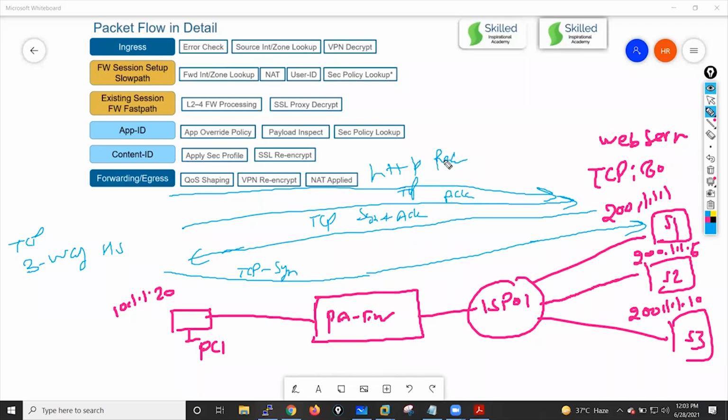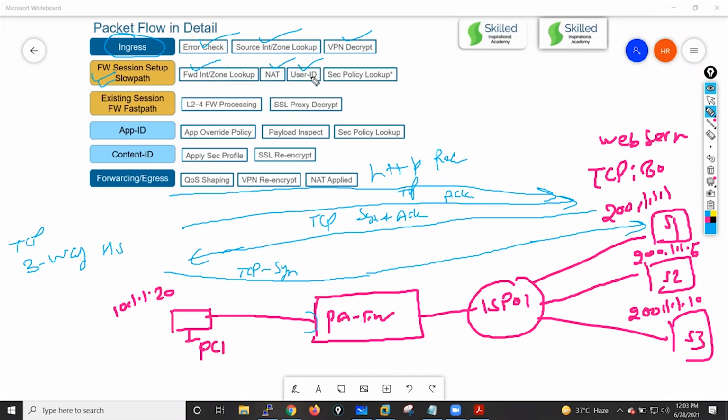Now what happens, guys, sometimes when this packet goes into your firewall, right? First your firewall processes this packet at the ingress level, where it will perform error checks, extract the source interface and zone lookup. It will also check the traffic for VPN, right? And after that it will send that packet for connection setup state, where they will do the routing lookup, then evaluate the NAT policy.